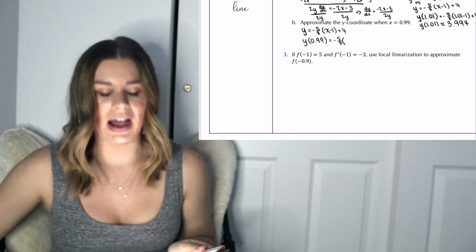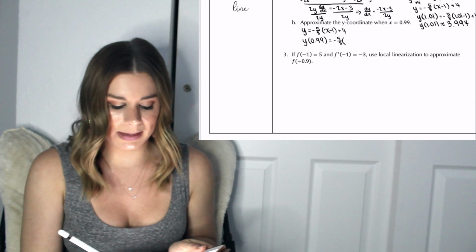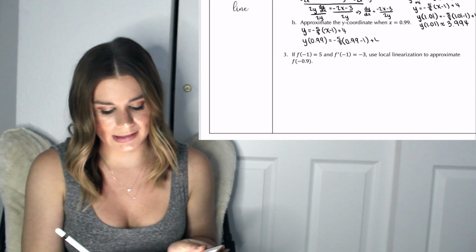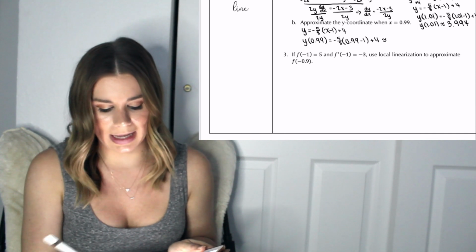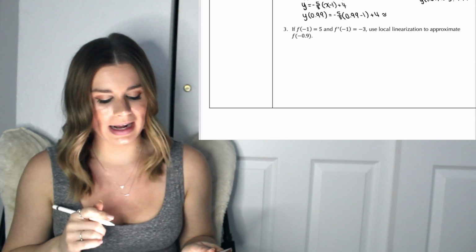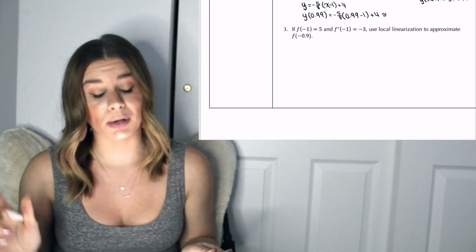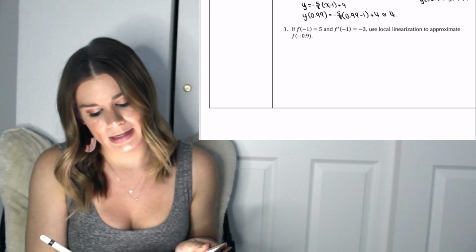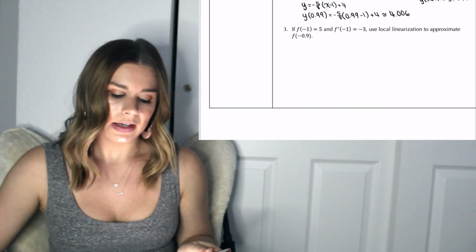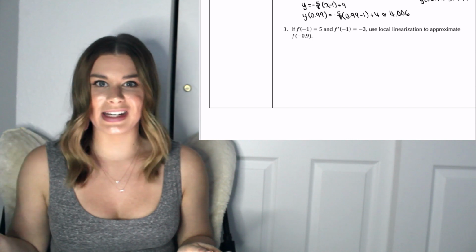We get negative 5 over 8 times (0.99 minus 1) plus 4. And we're going to punch that into a calculator as well. We get y of 0.99 is approximately 4.006. I'm doing 3 decimal places again. Okay, so we did number 2.